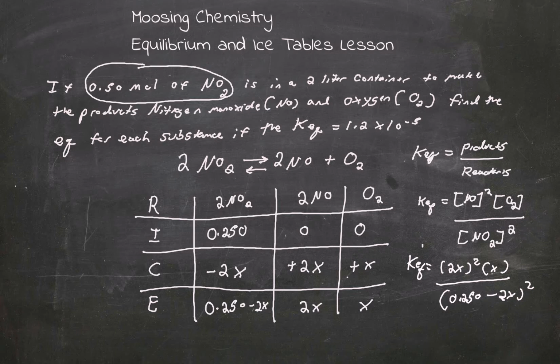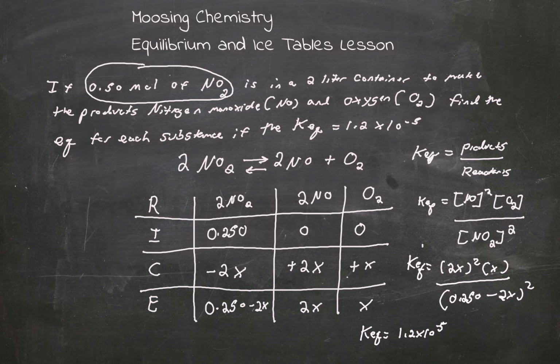There's a simple rule, and it's really, really important. We can often throw that part out, and I'll show you why. Our KEQ value was equal to 1.2 times 10 to the negative fifth.